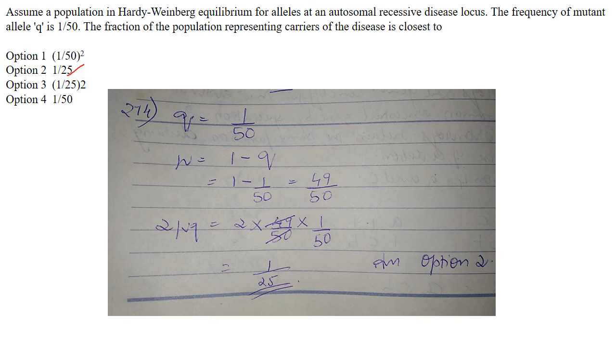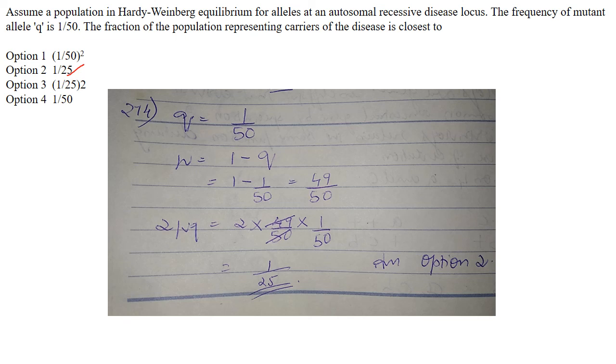Then assume a population in Hardy-Weinberg equilibrium for alleles of an autosomal recessive disease locus. The frequency of the allele is 1/50. The fraction of the population representing carriers of the disease is closest to. So q is 1/50, p is 1 minus q, that is 49/50, or we can write 50/50 approximately for easy calculation.